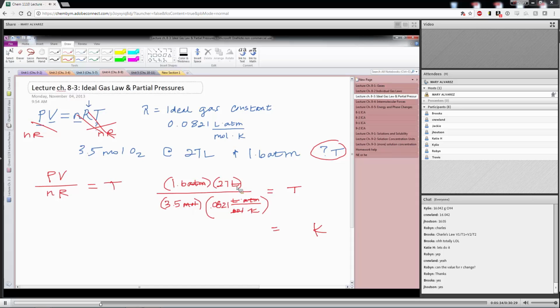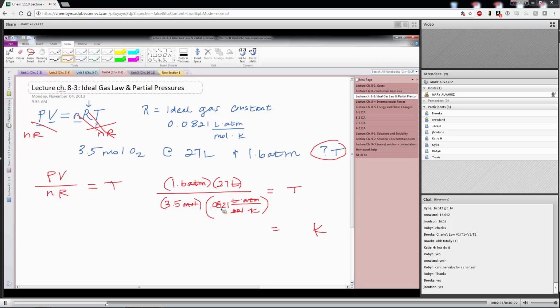Following your units will be helpful because if I gave you milliliters or something and you put milliliters here, you would instantly see that you're going to have to convert it to liters according to your use of the ideal gas constant in order to get the right answer. So that's just a heads up. I do always recommend that you carry your units around with the numbers.